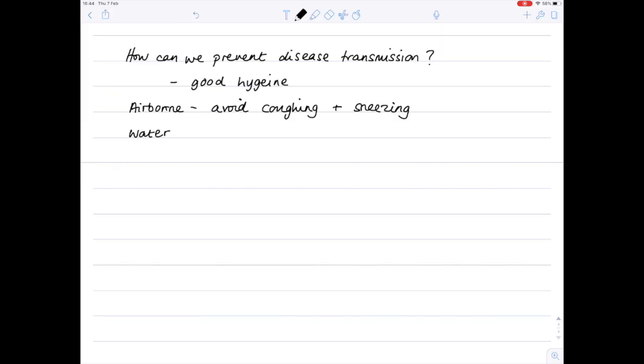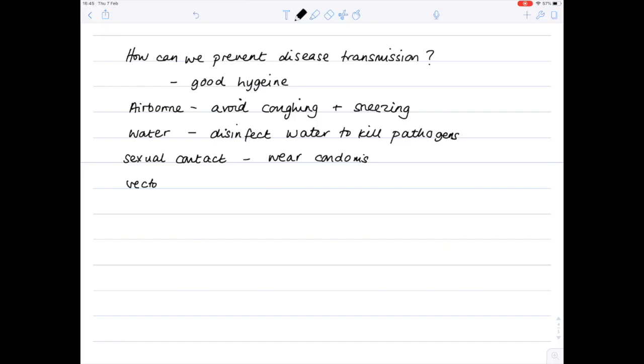To prevent diseases spread by dirty water, you want to treat that water, so disinfect the water to kill pathogens. Diseases such as HIV, which is spread through sexual contact, you want to wear condoms in order to prevent the spread of HIV.